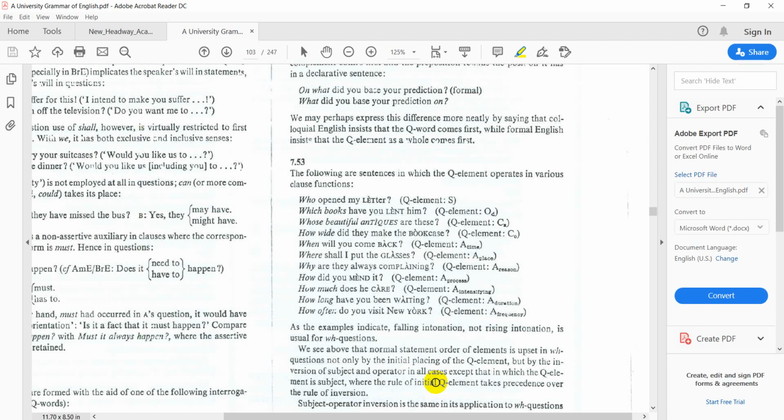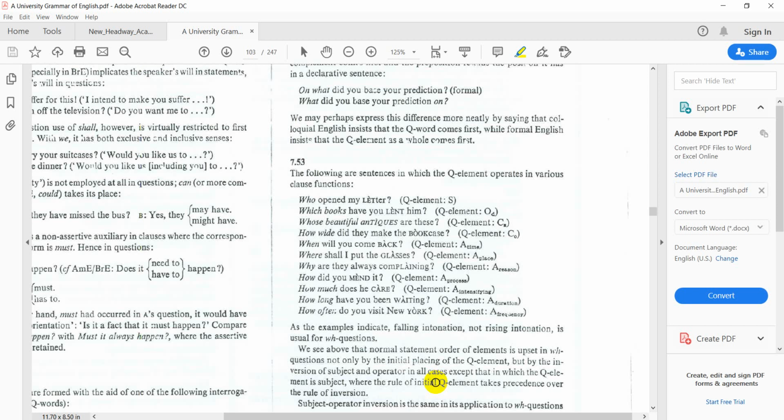So I have the WH word, then the operator, then the subject, then the main verb and the complement of the sentence, then I put the question mark. Of course, except when I ask about the subject, with "who", here I never use the inversion between subject and operator.